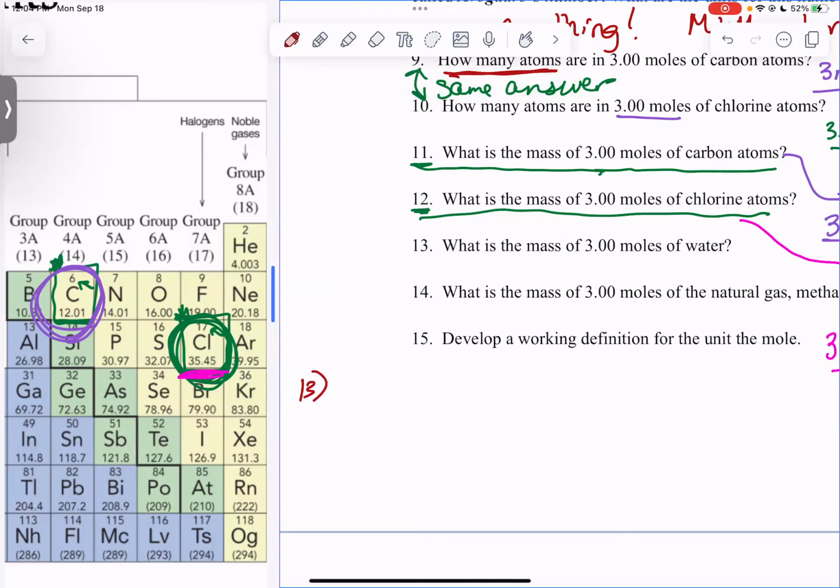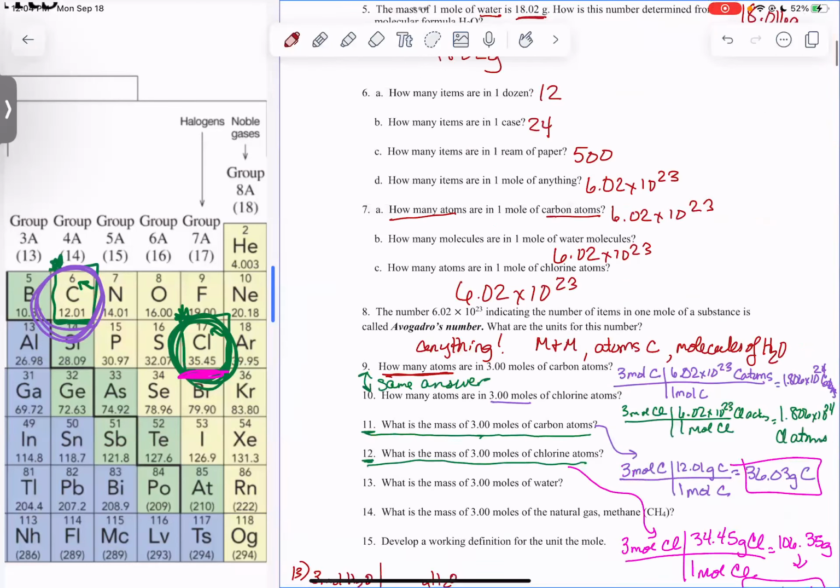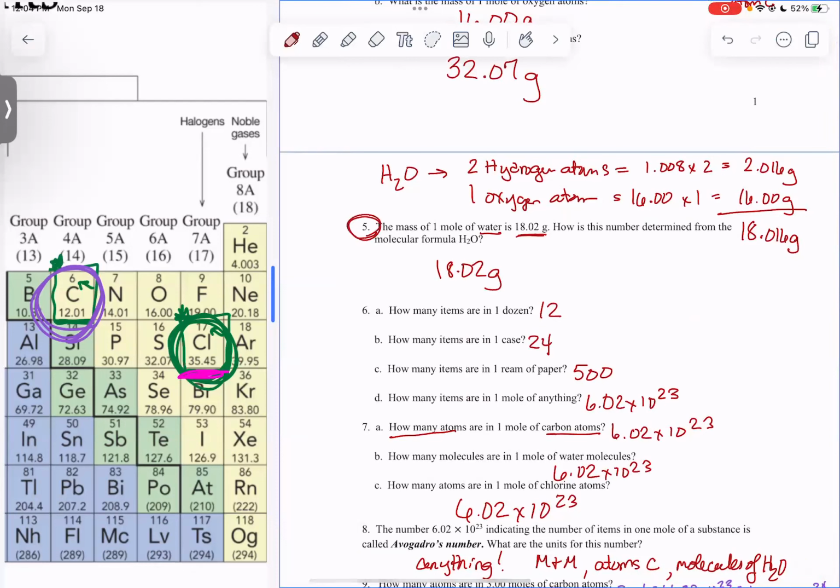All right, so in order to do this, we're going to start with 3 moles of water. And what I want to do is go from 1 mole of water to some number of grams of water. How do I get that number of grams? Well, I need to know the molar mass of water, and that's what we did up above in number 5.